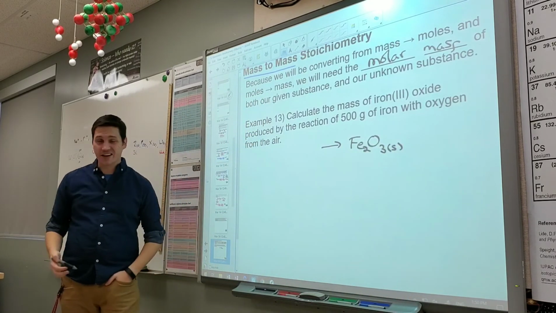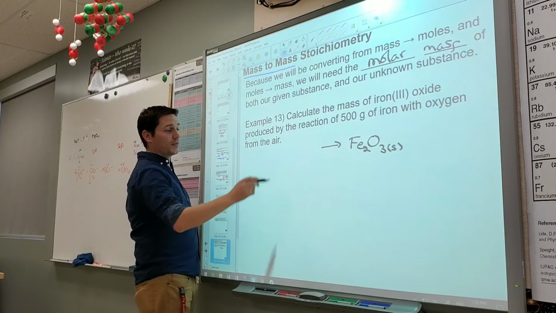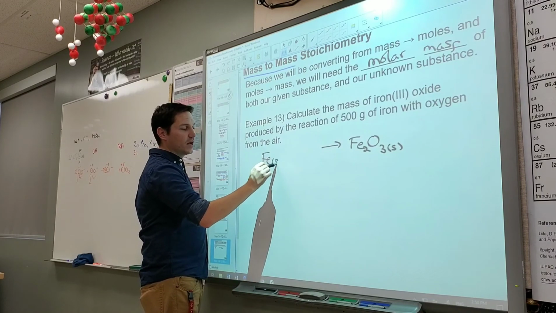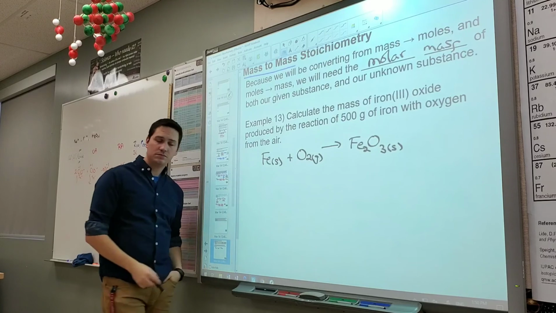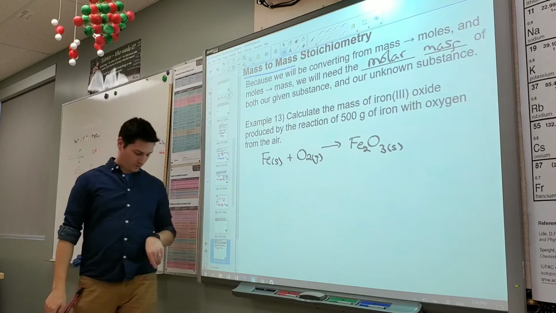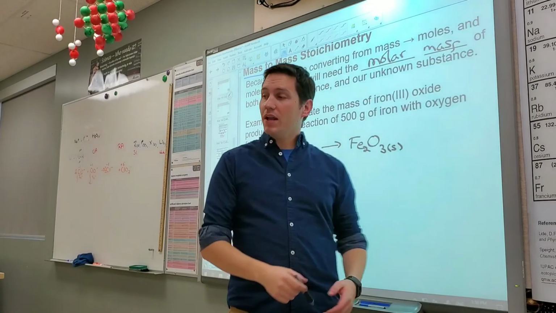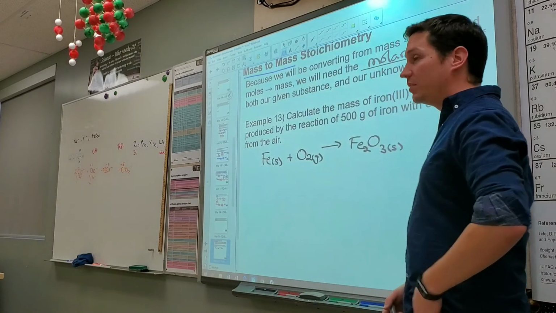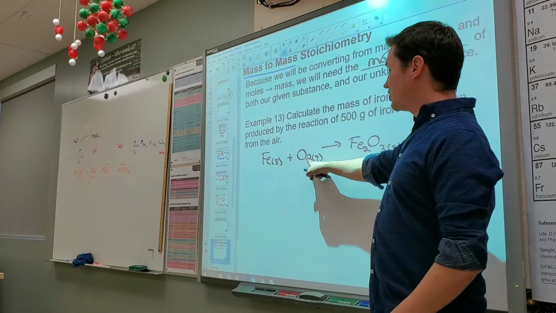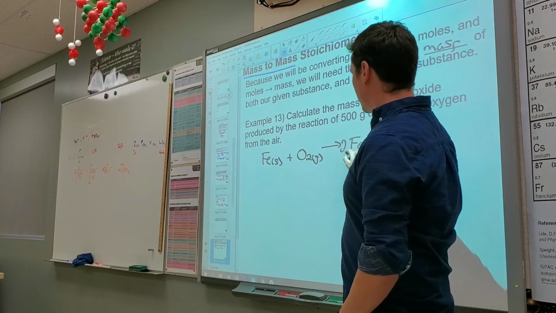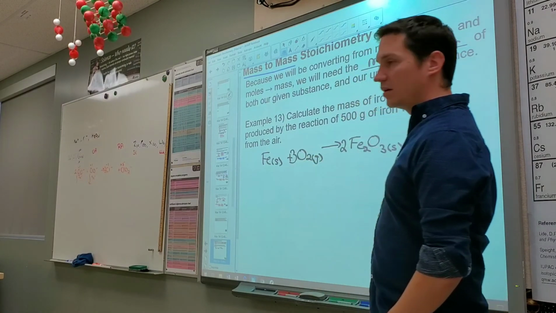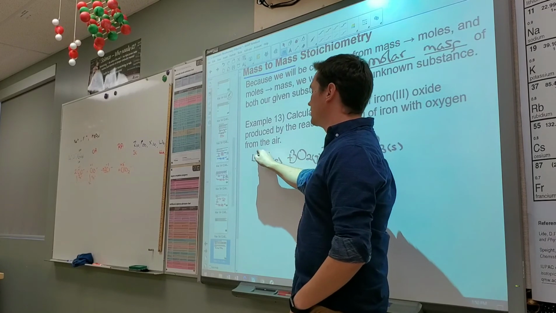Our product is iron 3 oxide, but the reaction actually involves iron plus oxygen. If we wanted to balance this really quickly, it wouldn't be that bad. Oxygen is in groups of 2, and in groups of 3. So 2s and 3s, and then we need 4 irons.